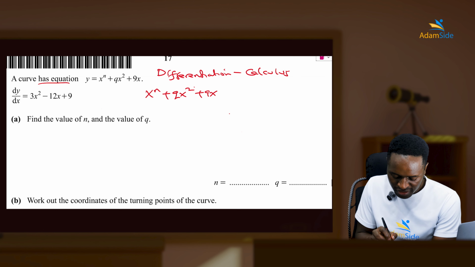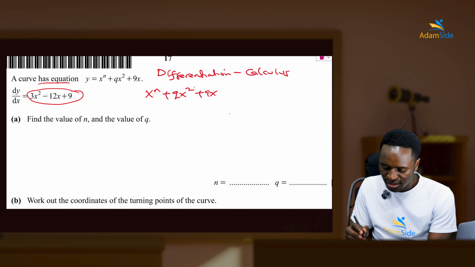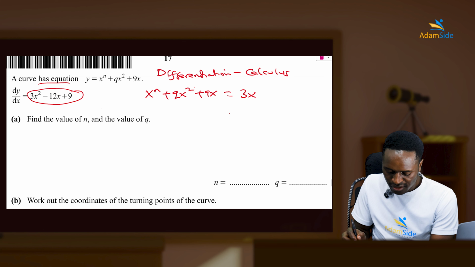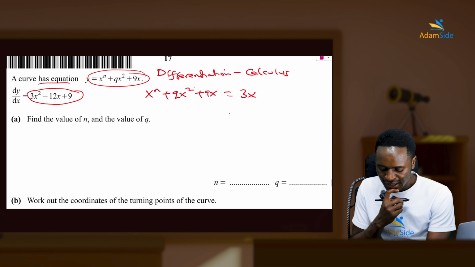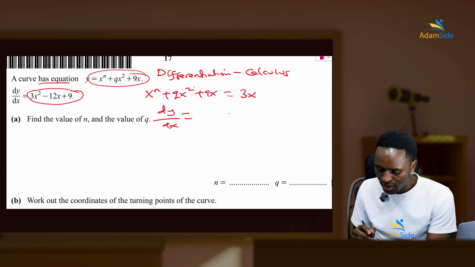So after differentiating, you say the derivative is 3x squared minus 12x. So if you equate this one with 3x, so this is our y. So we can differentiate. They say find the value of n and the value of q. You need to differentiate dy over dx of our curve.